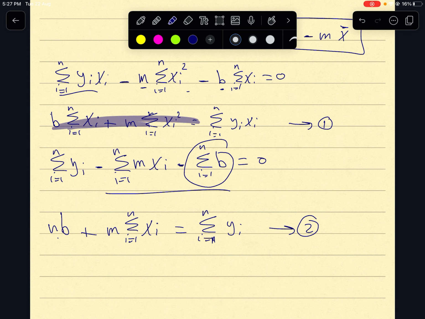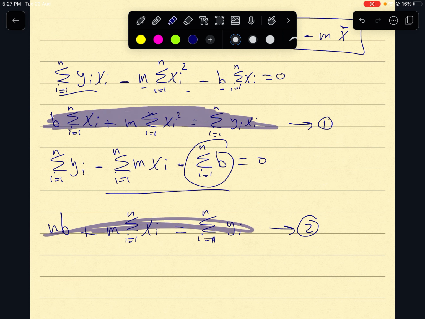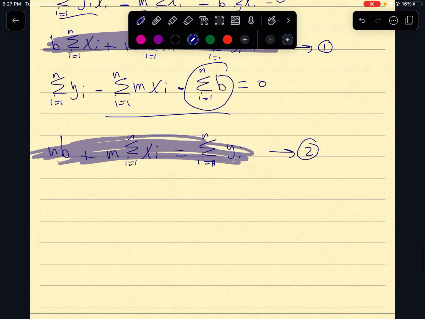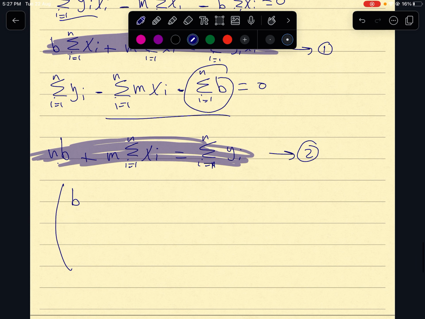I will use this equation as well as this equation, okay, to find the value of m. So I can write, not b, I can write n and sum of xi.